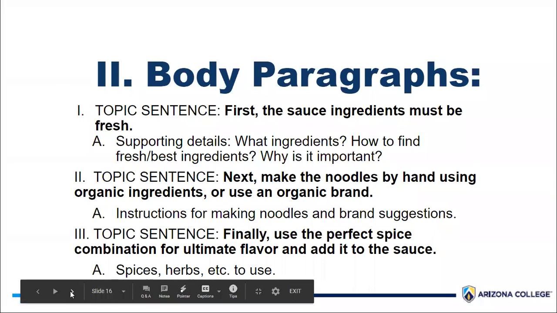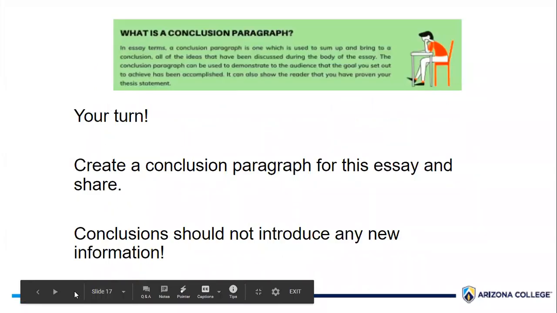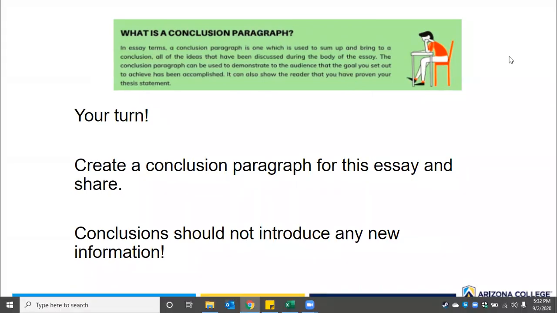So that is basic essay writing in a nutshell. I mean, it's really not that difficult, except, I mean, the concept isn't difficult. The content is usually the most difficult part.